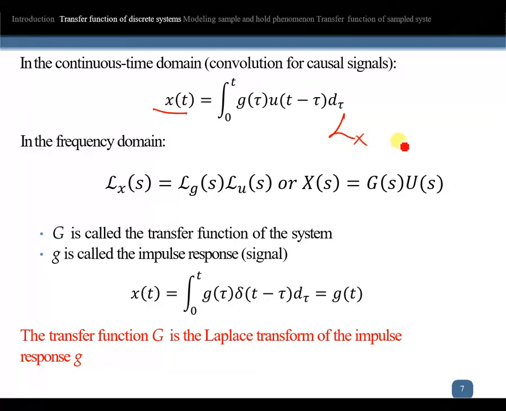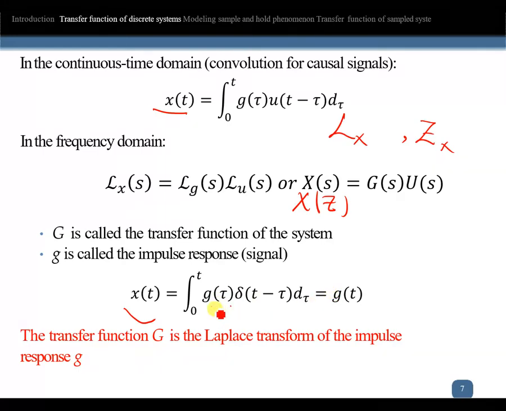The Laplace of x is exactly the same as the Z transform of x, and X(s) is the same as X(z). This one I will remind you in the next slide. G is the transfer function of the system, and g is called the impulse response of the system too. That means x(t) will be the integral of g(tau) Dirac(t minus tau) d tau.